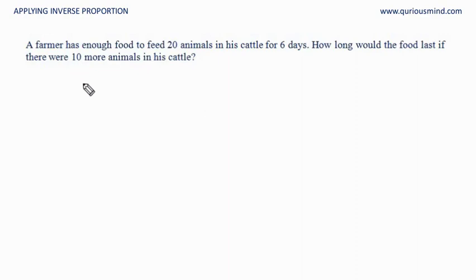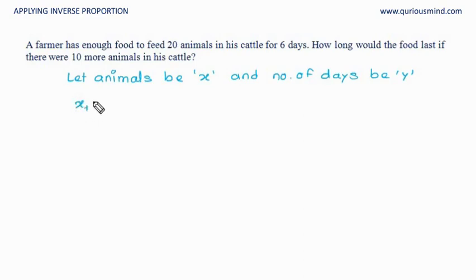So first we will decide what is x and y, and you can decide anything as x. Only thing is we have to be consistent. So in this case I am going to use animals as x. So we know x1 y1 is equal to x2 y2.